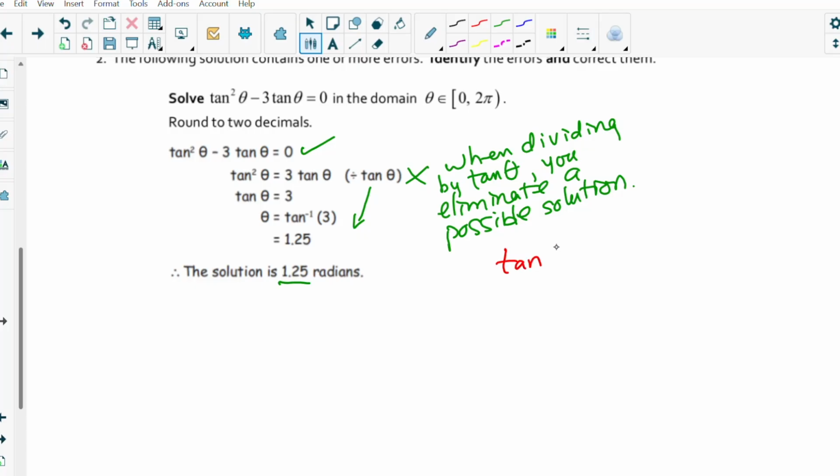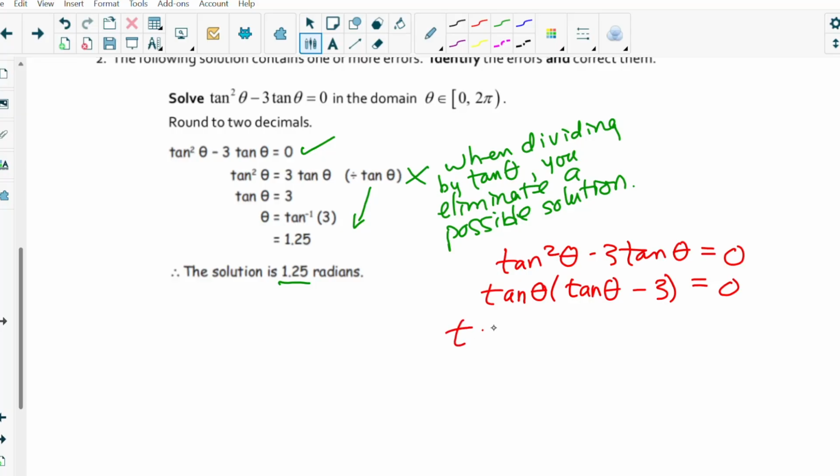and correct that error. So I have tangent squared of theta minus 3 tangent of theta equals 0. I'm going to factor out a tangent of theta. So that leaves me with tangent of theta minus 3 equals 0. And I'm going to solve this like I solve quadratic equations, where I set each factor to 0.